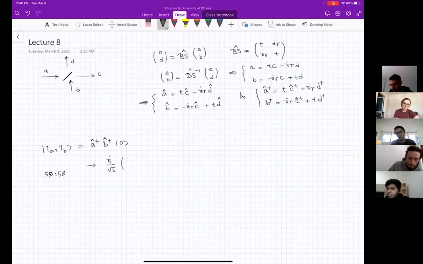Then we have 0, 2 photons in B. Oh, let's go the other way. 2 photons in mode A, 0 photons in mode B, plus 0 photons in mode A and 2 photons in mode B. All right, have I done it correctly, or is there a minus sign missing?